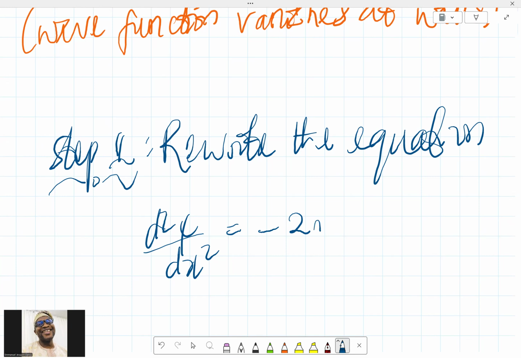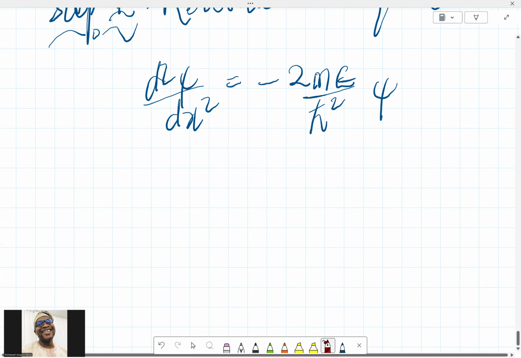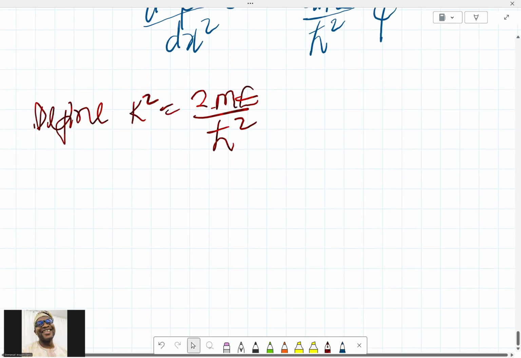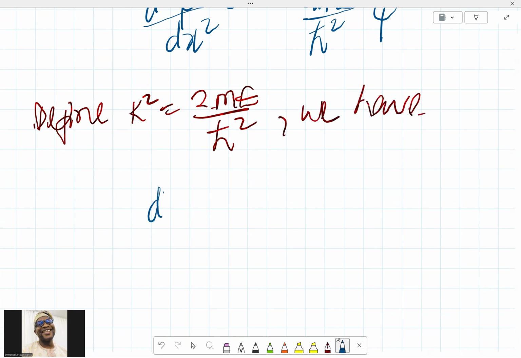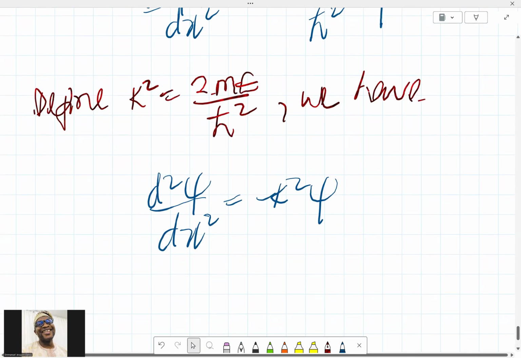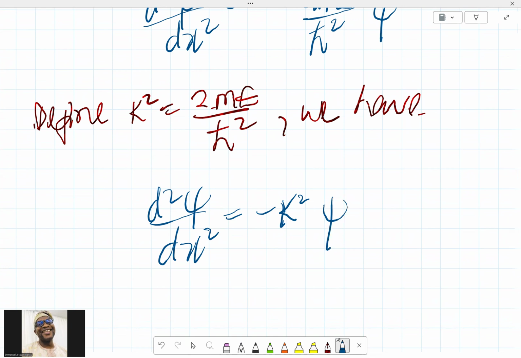If we define k squared to be 2mE over h bar squared, we now have d squared psi dx squared equals minus k squared psi.